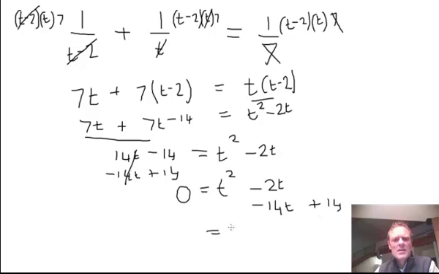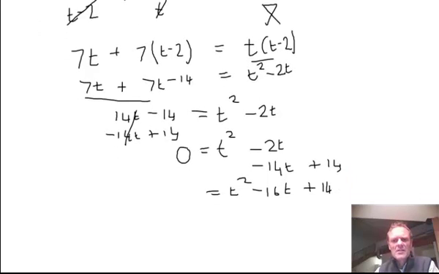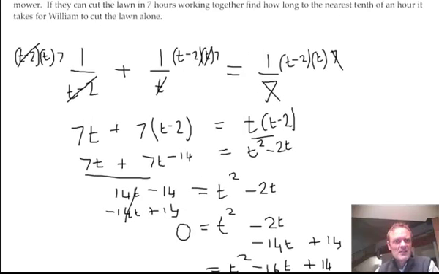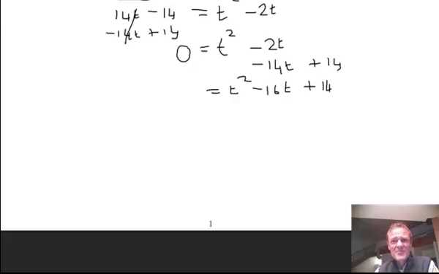So what I've got left now is t squared minus 16t plus 14. Now, I'm going to have to put it into the quadratic equation formula. Really? That's what t is going to come out to be, quadratic equation. So here we go.